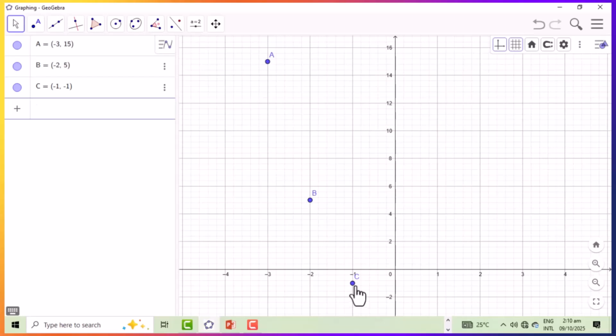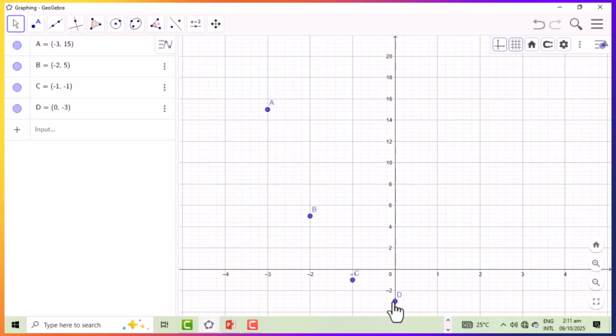Now the next point is 0, negative 3. That point is labeled as D, also placed nicely over here.